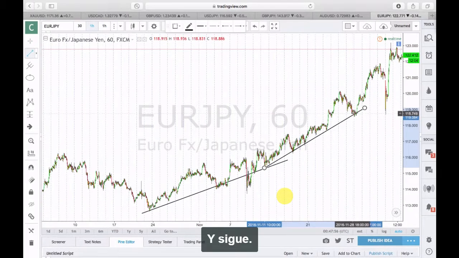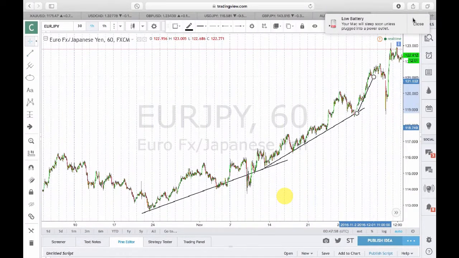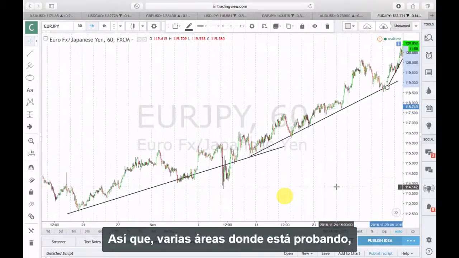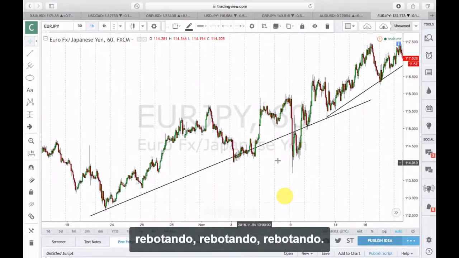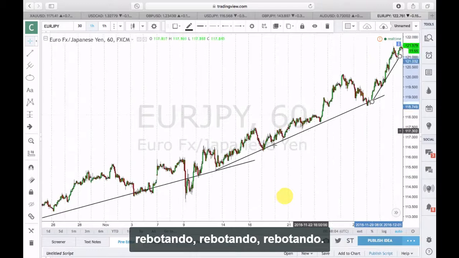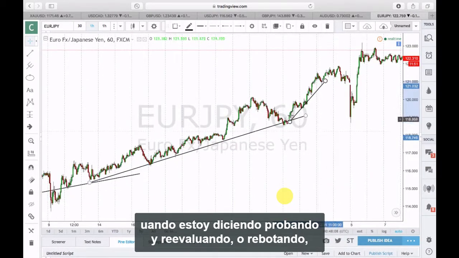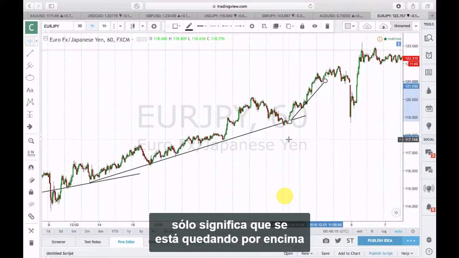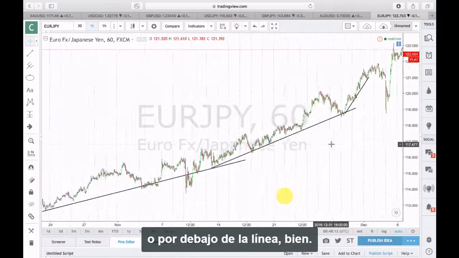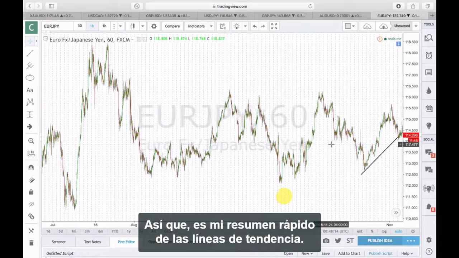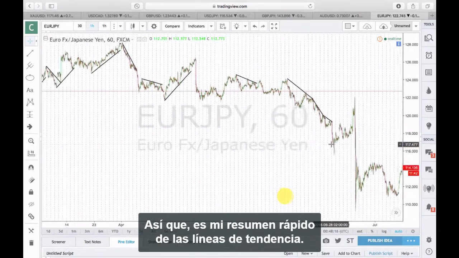All right. So multiple areas where it's testing, bouncing off, testing. When I'm saying testing and retesting or bouncing off, it just means that it's staying either above or below the line. Okay. So that is my quick rundown on pretty much trend lines.